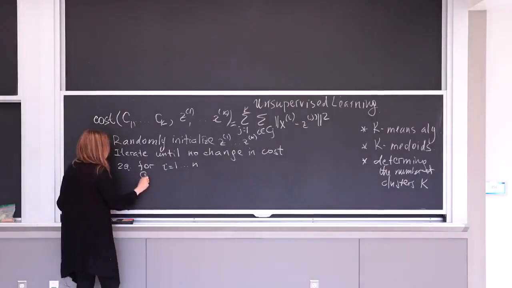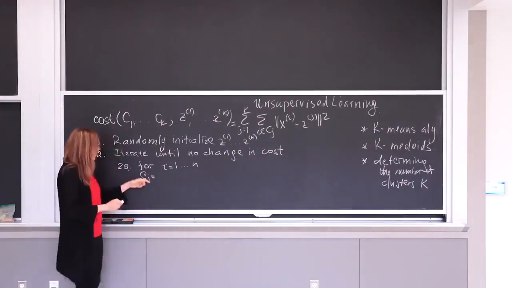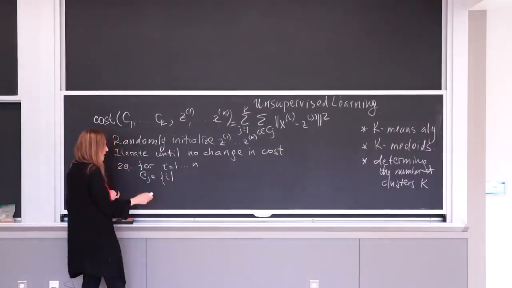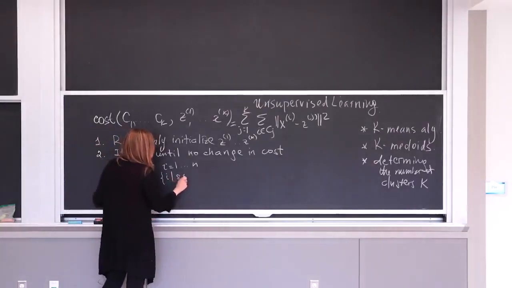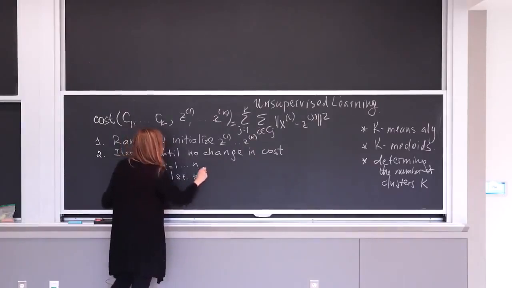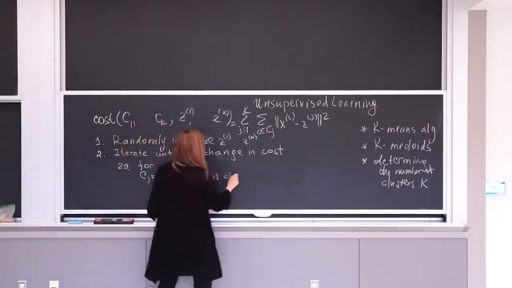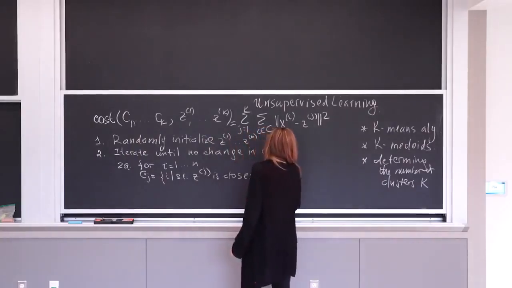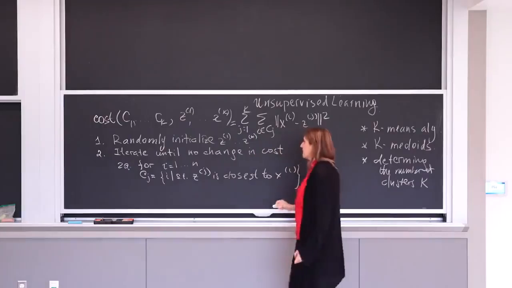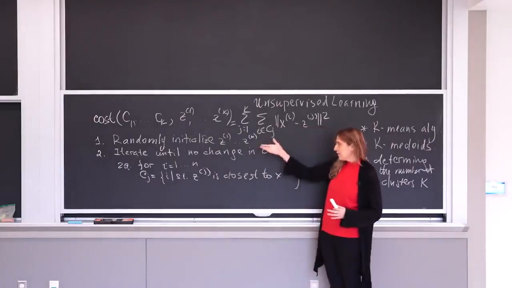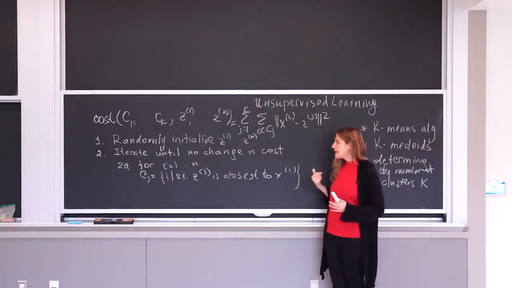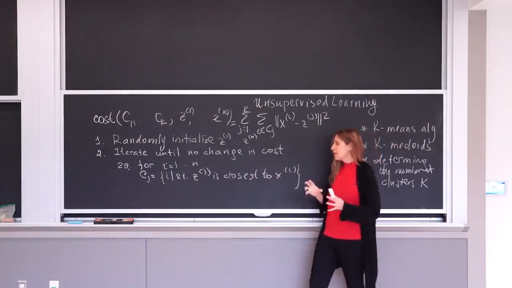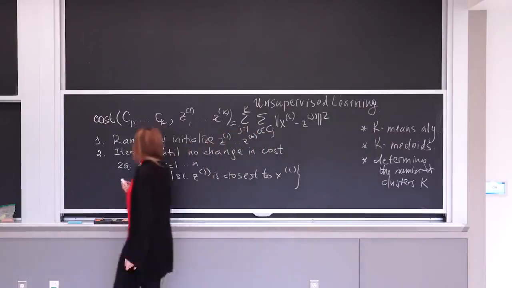In other words, Cj, the cluster, would contain all the points i such that Zj is closest to xi. So for the fixed representatives, we reassign all the points, grouping them closer to the corresponding centers.